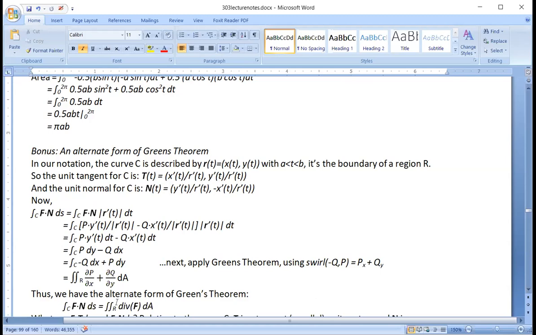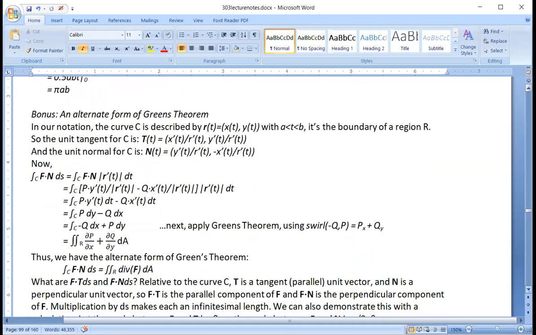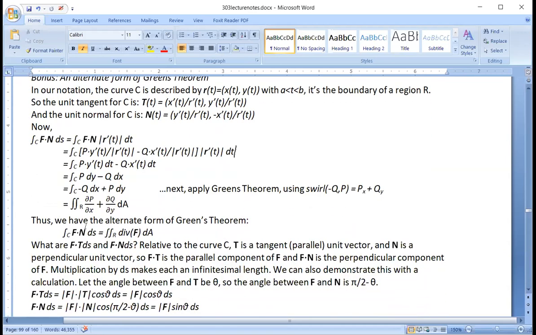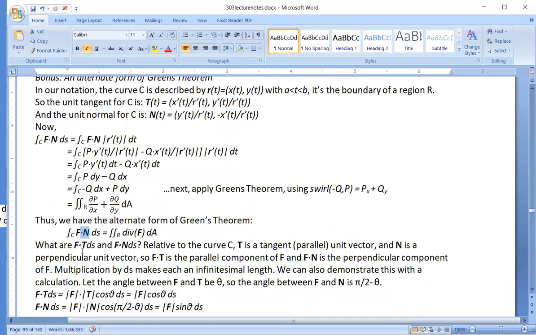And again, the important thing is, notice that in this case, we're starting not with the dot product with dr, which is parallel to the curve, but we're starting with F dot dn in the line integral, which is perpendicular to the curve.